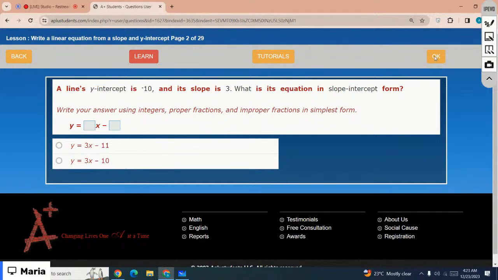A line's y-intercept is negative 10 and its slope is 3. What is its equation in slope intercept form?